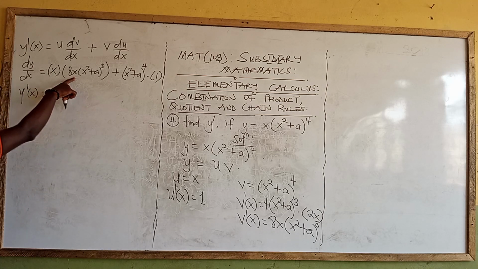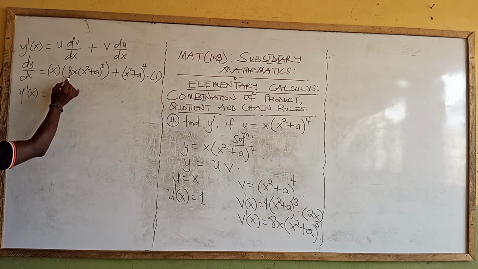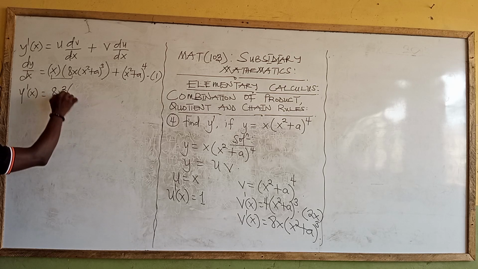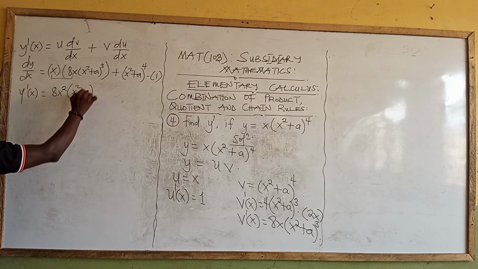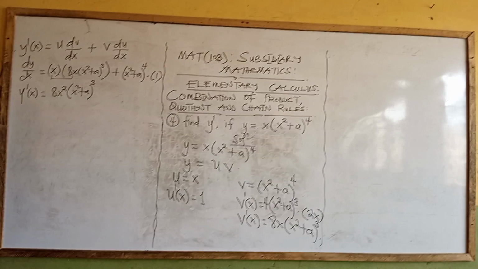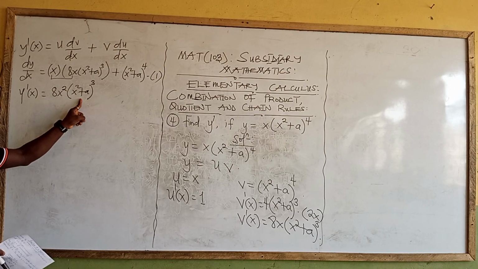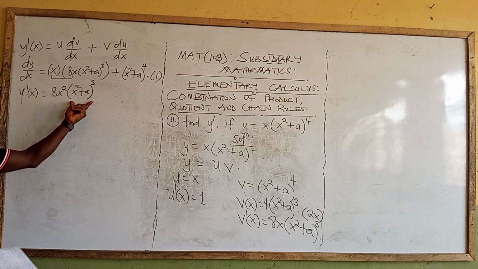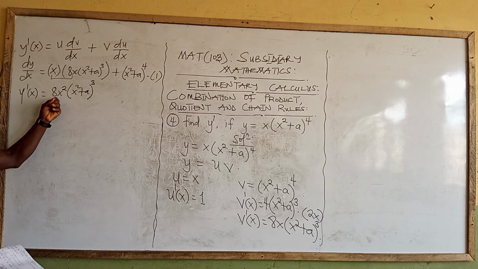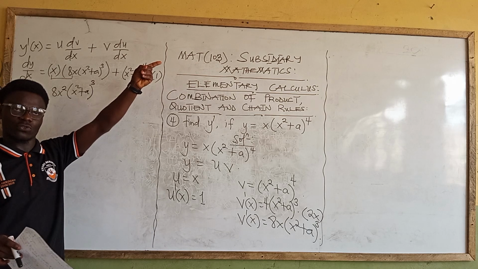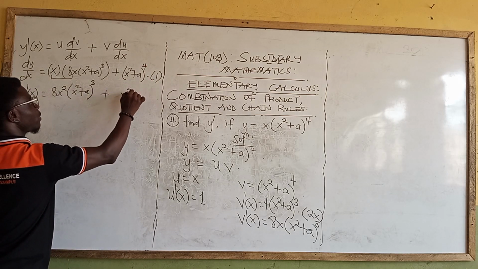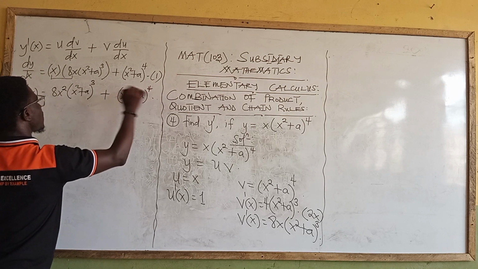equal to, we can multiply again this and that. We can multiply. So we get 8x squared, then (x squared plus a) to the power 3. Now listen, you cannot multiply 8x squared with the expression inside the bracket. No. Unless you open or expand this, or simplify this, before you can use your 8x squared to multiply it. Then plus I get my (x squared plus a) to the power 4.